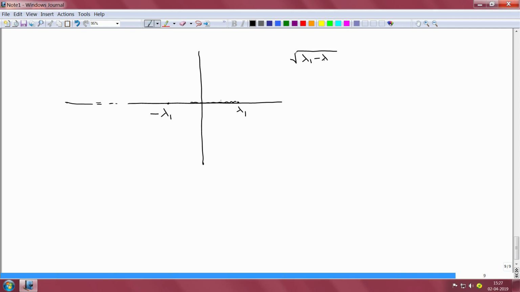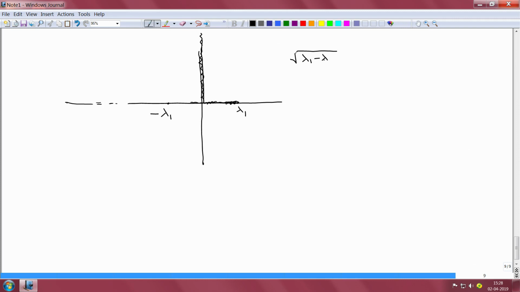What I do now is that I bend this branch cut into an L shape over here. So this is my cut on the real axis, then my cut shifts 90 degrees, that's a cut on the vertical axis.